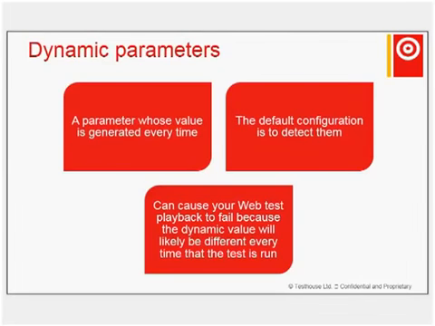Essentially, when we talk about dynamic parameters, what we're actually talking about is things like session variables and other variables that are generated by the web server. Because there's some code running on the server when it generates the page for your ASP.NET page or for your Java page, there are certain values that may well be dynamic that it uses to identify who you are.